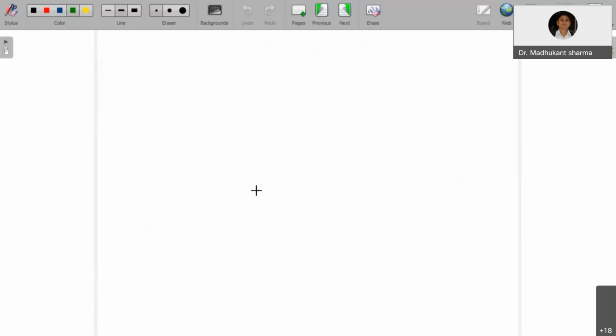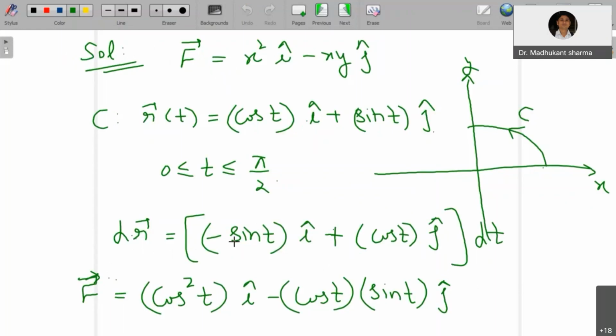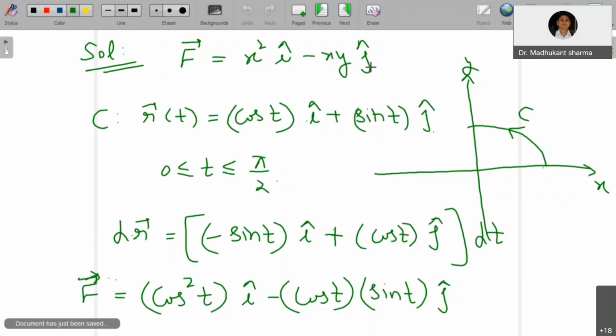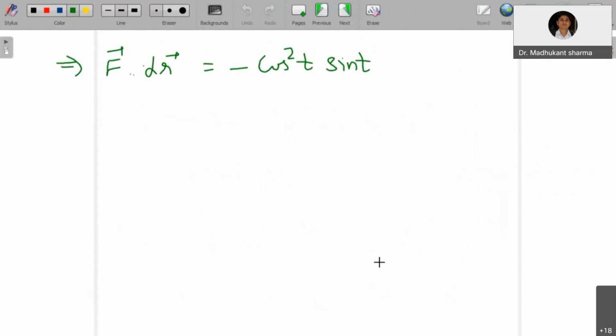So F dot dr is cos squared t times minus sin t, so minus cos squared t sin t, and here also minus cos squared t sin t. That is minus 2 cos squared t sin t.